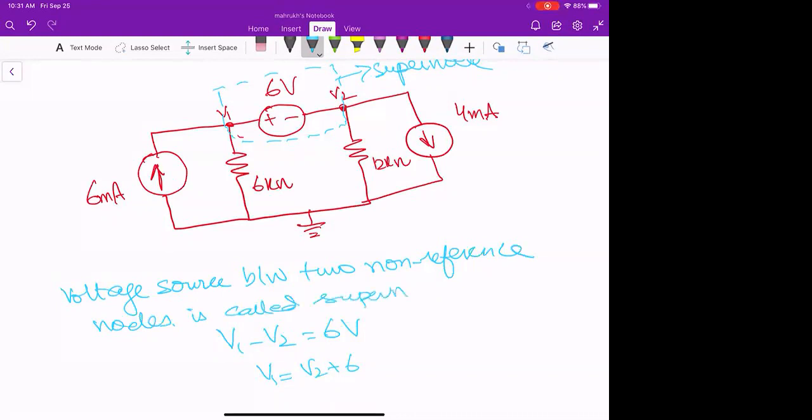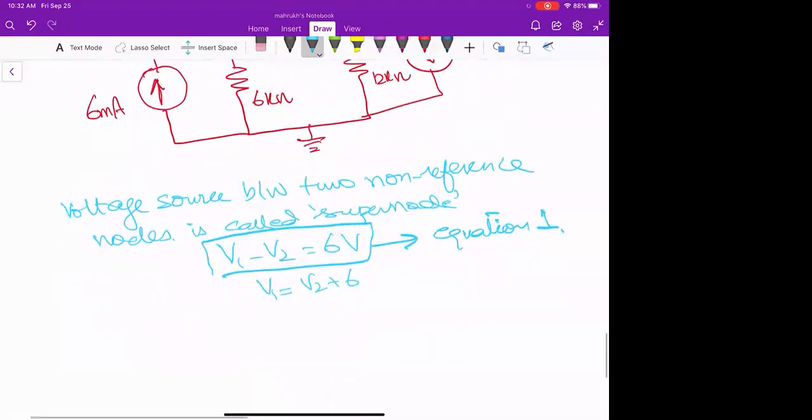Yes, because V1 and V2 are the unknowns, but even if you find one of them, you can find the other because you already created this equation, right? So this is already an equation.